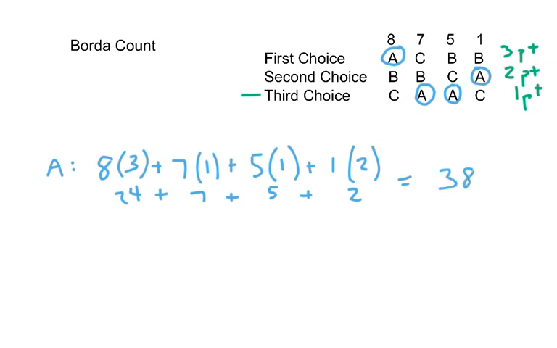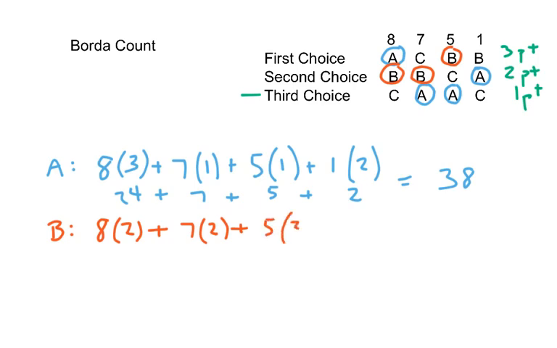Now we'll do the exact same thing with candidates B and C. The one with the most points is the winner. Candidate B has 8 second place votes. So that's 8 2-point votes. They have 7 second place votes. So that's 7 2-point votes. They have 5 first place votes.